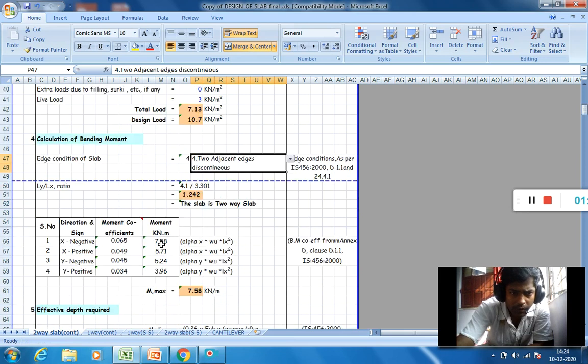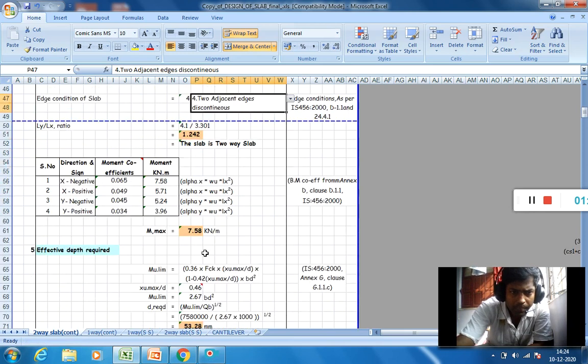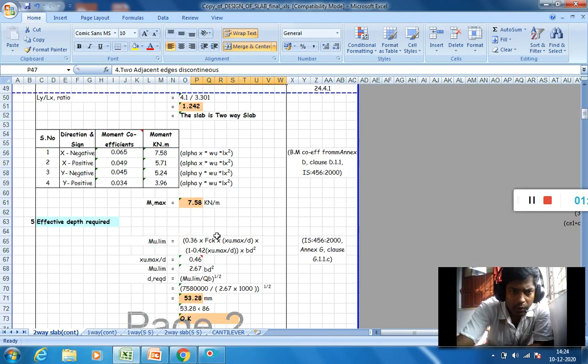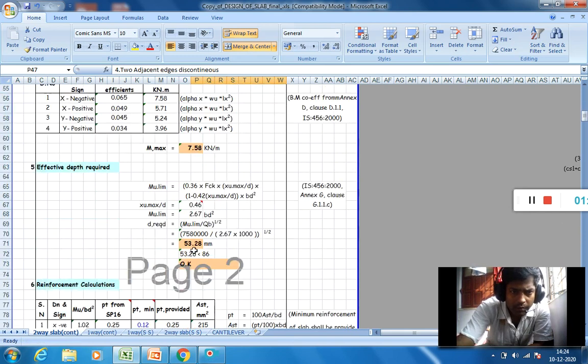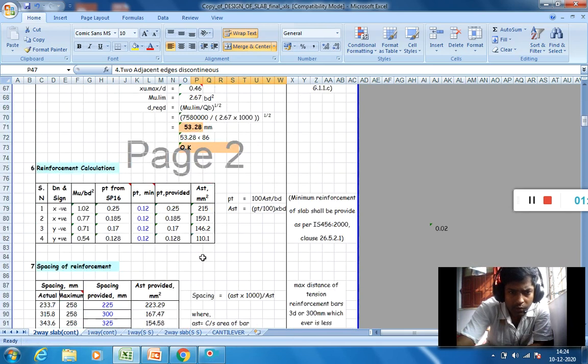You see that 7.5 is the negative and 5.71 is the positive moment, which I get manually also. We get the same results, 7.58. The span to depth ratio comes to 53.28, hence it is less than 26.